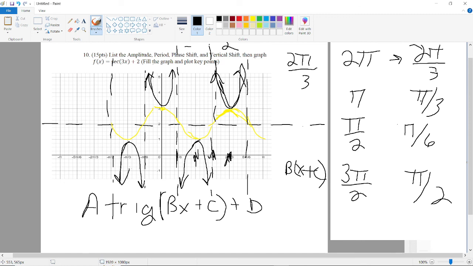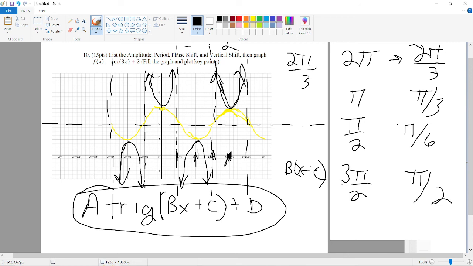And then you can erase this yellow part if you don't want to see it. So that's how we get this one, secant 3x plus 2 using our standard transformations. Draw our 4 points, the end of the period, the midpoint, and then the 2 points between the origin and the midpoint and the end point.